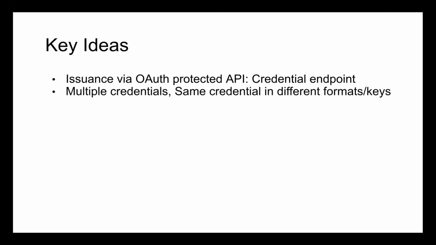And we would like to support that the wallet can request a single credential, multiple credentials, but also the same credential with different formats and keys. So for example, a user or a wallet can obtain a credential in LD with an LD proof with BBS Plus, but also with a different signature scheme, depending, for example, on what the verifier wants to obtain in a certain transaction.